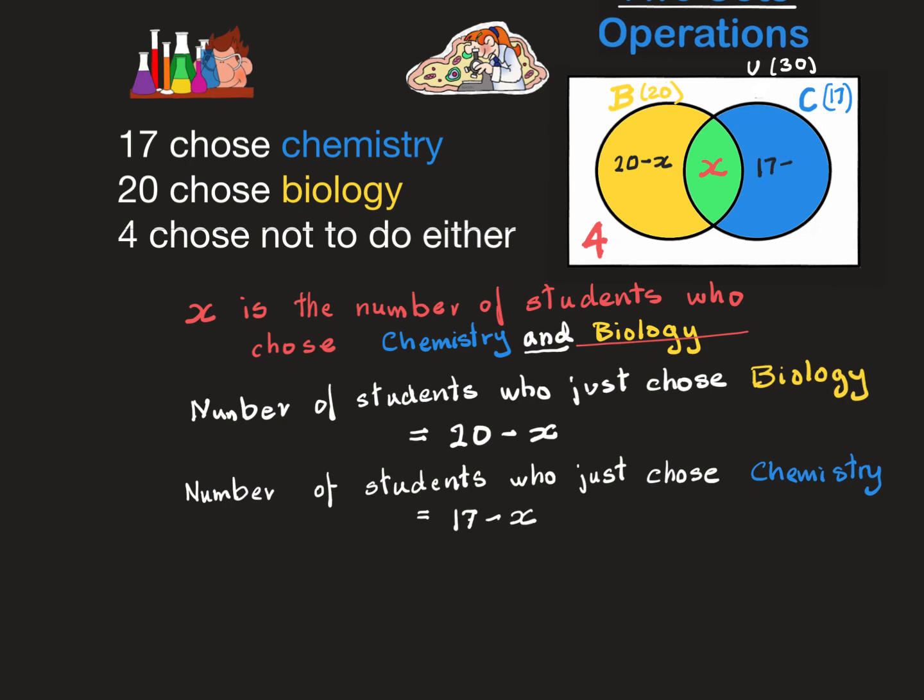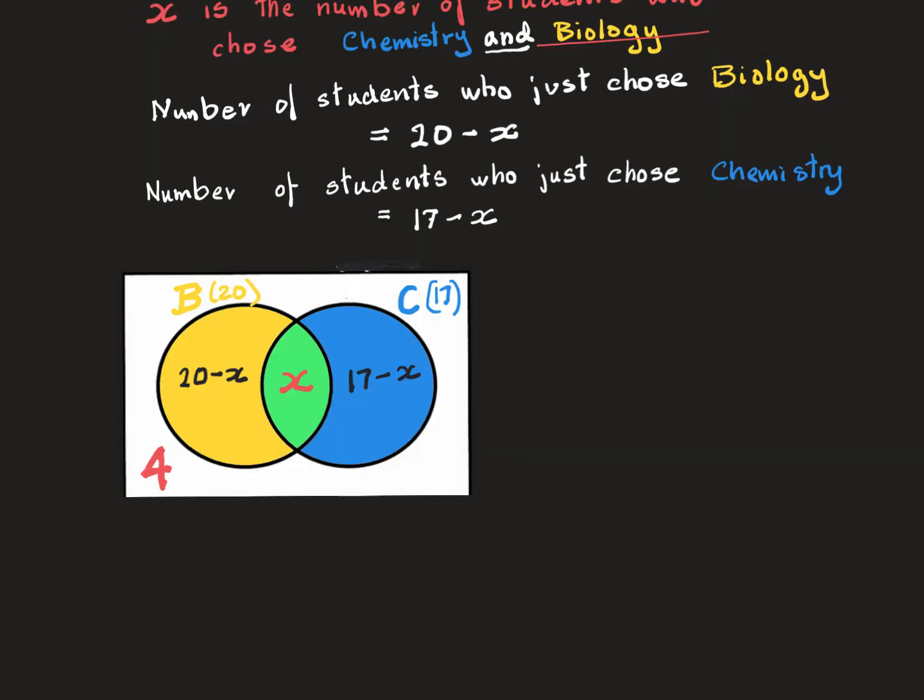Okay, so now I can form an equation because I know that in my universal set, altogether, I have 30 students. And inside the universal set, I have 4 students who have opted out from choosing any subject.